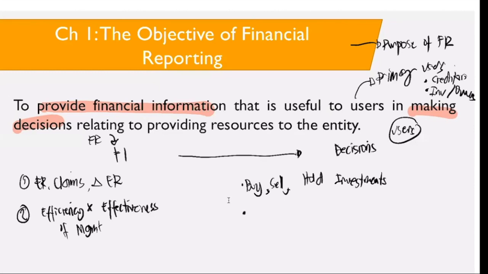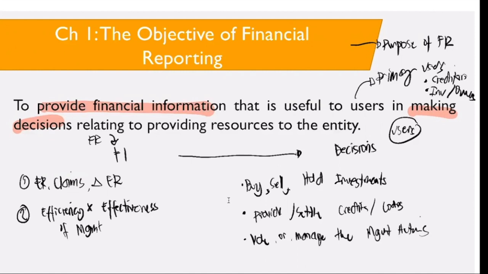Another decision that users make is to provide or settle credits or loans, which is made by the creditors. When we say provide, they give more. When we say settle, they will try to collect the credits or loans. Another is to vote or influence management actions.